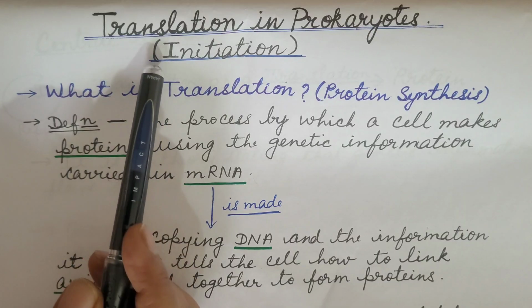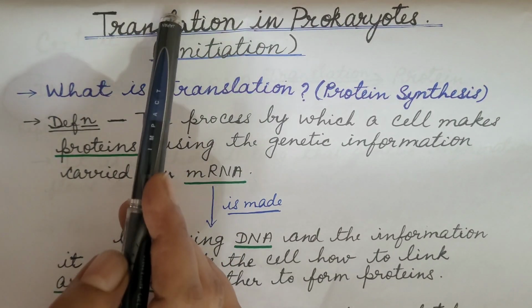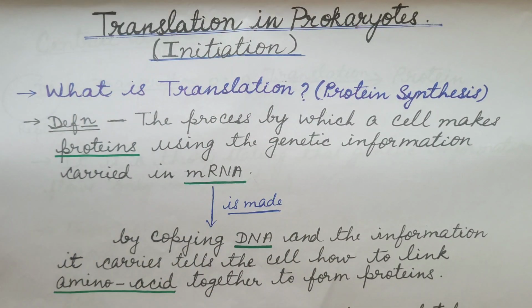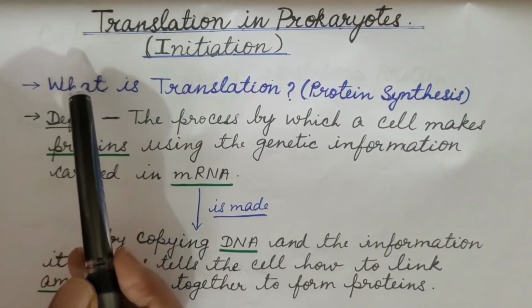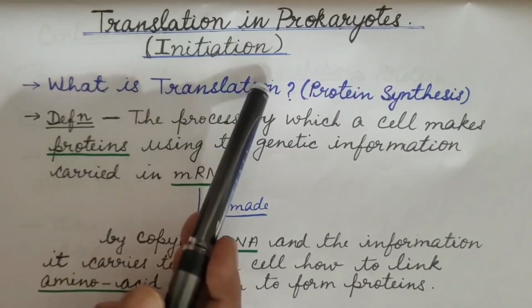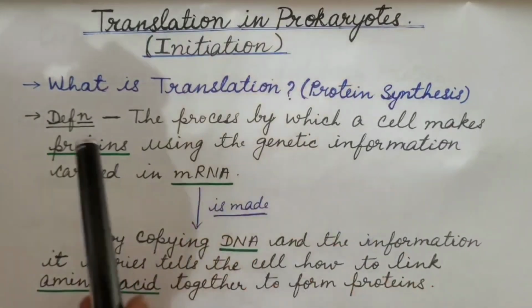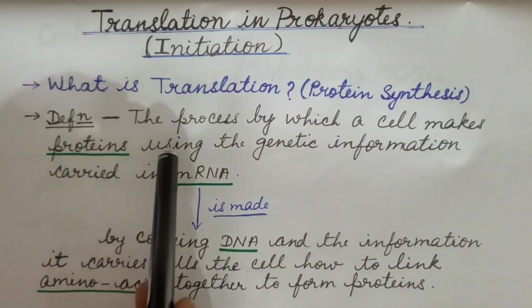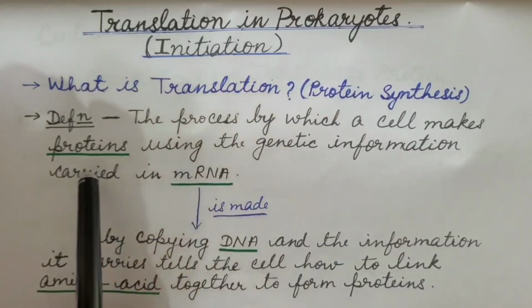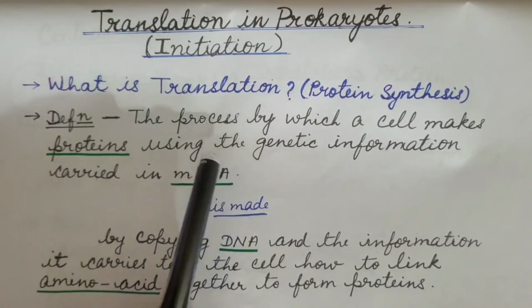Now let us see the initiation step in prokaryotic translation. Its introduction. Representative prokaryote, E. coli. So first of all, what is translation or protein synthesis? The process by which a cell makes proteins using the genetic information carried in messenger RNA.